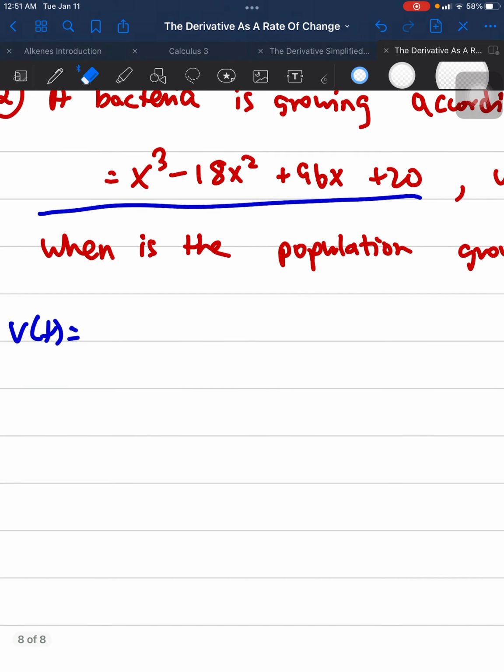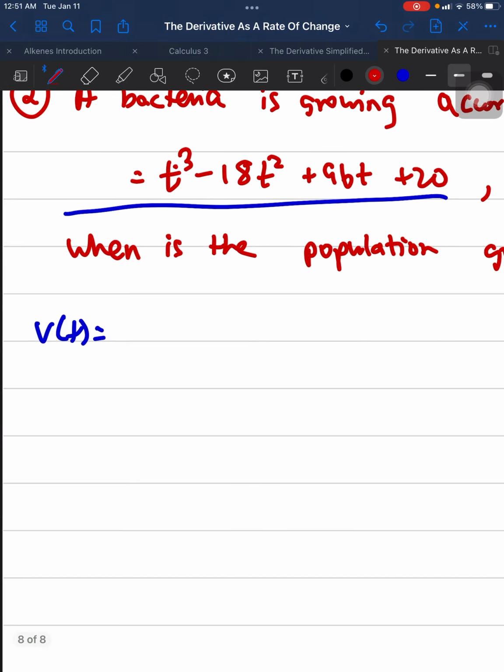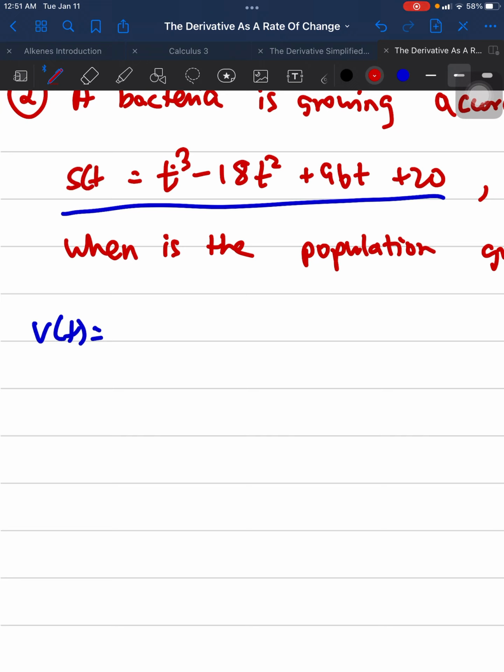So first things first, the velocity function is just the derivative of the, let me actually make this s of t, since we're going to be using t. So v of t is equal to the derivative of the position function.